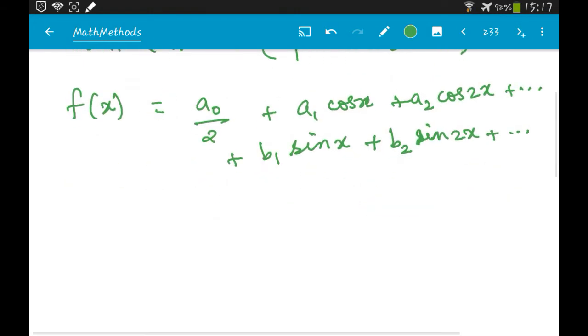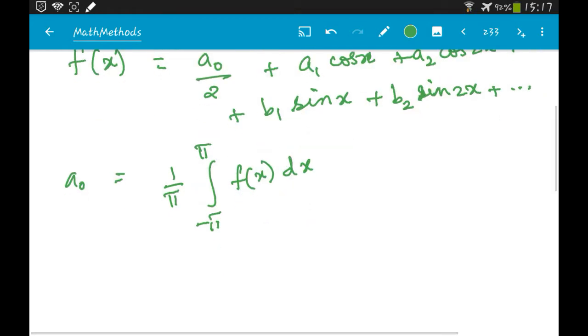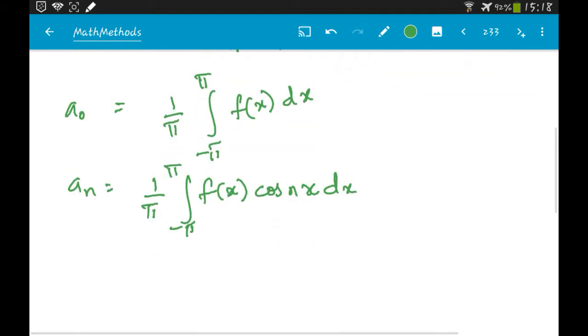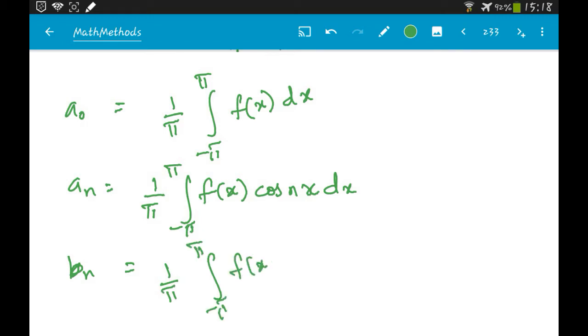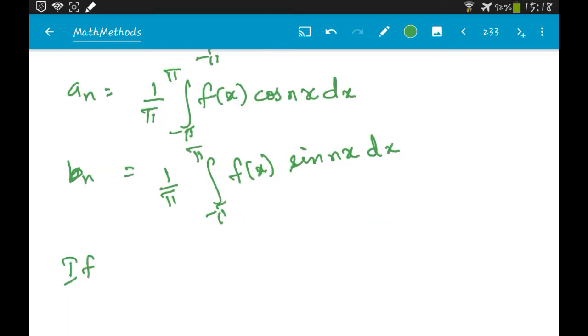So a naught is given by 1 by pi integration from minus pi to pi f of x dx. An is given by 1 by pi integration from minus pi to pi f of x cos nx dx, and bn is given by 1 by pi integration from minus pi to pi f of x sin nx dx.